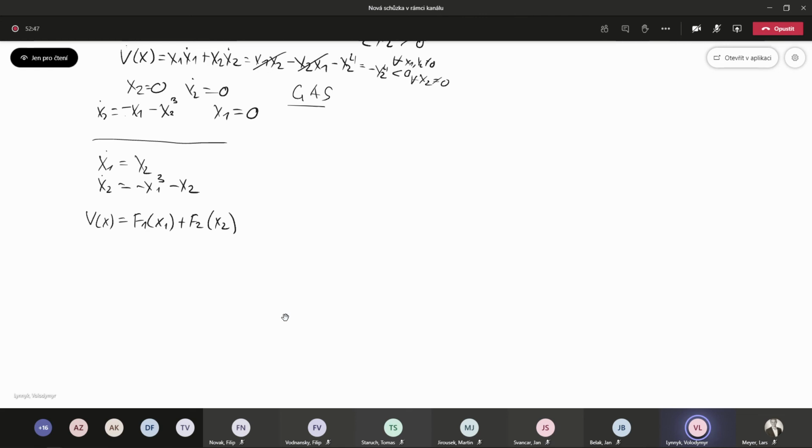And V dot from x equal to df1/dx1 x1 dot plus df2/dx2 x2 dot.